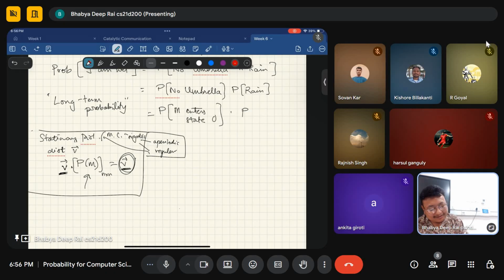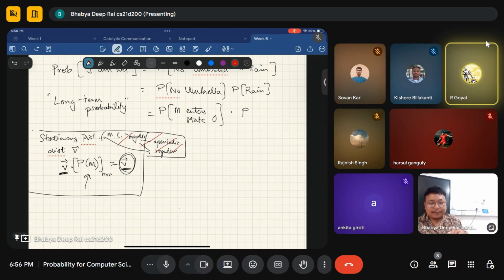But this is interesting: you mean to say that this property will hold true only if the transition matrix follows this property of ergodicity. Yes, this is ergodicity.